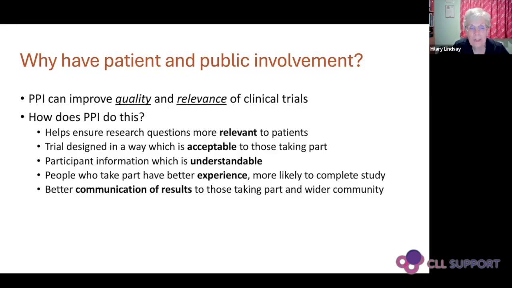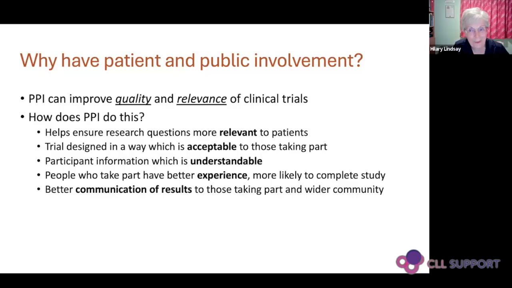And the next bullet point about people that are taking part having better experience is just so important, because if people feel that it's okay being on a trial, they're more likely to be on until the end. And then that's providing the data that is needed. So it really is a critical point. And then a final point where we've been involved in particular at Leeds is around better communication of results.